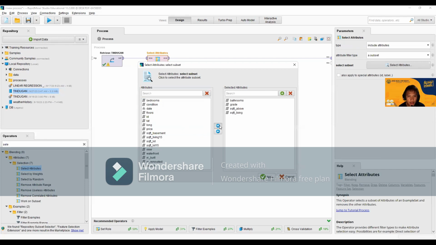And square foot living. So these are our independent variables, and this one is the dependent variable.